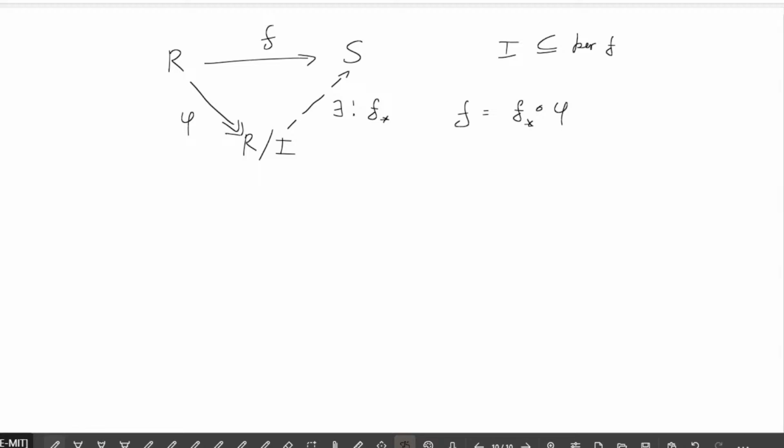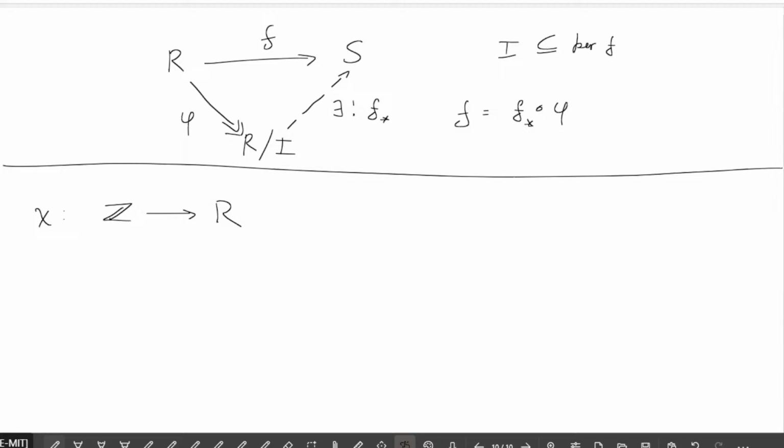Now, suppose you have a ring R. You define a homomorphism chi from the integer ring Z to R as follows.